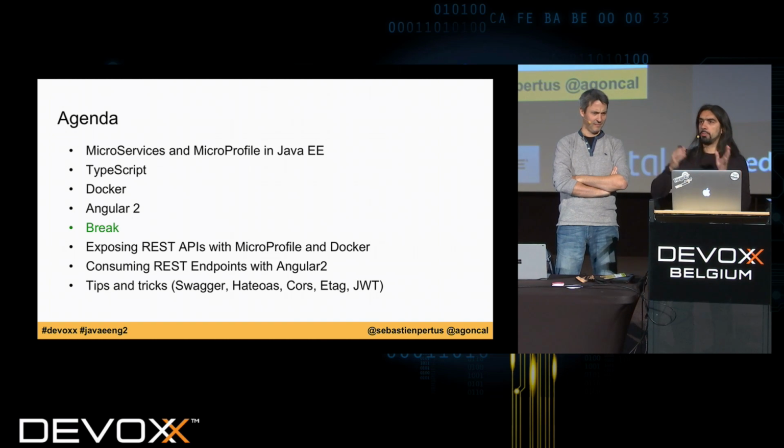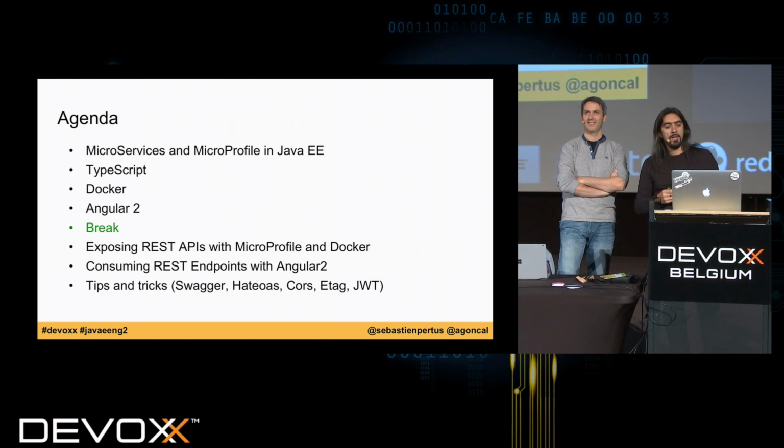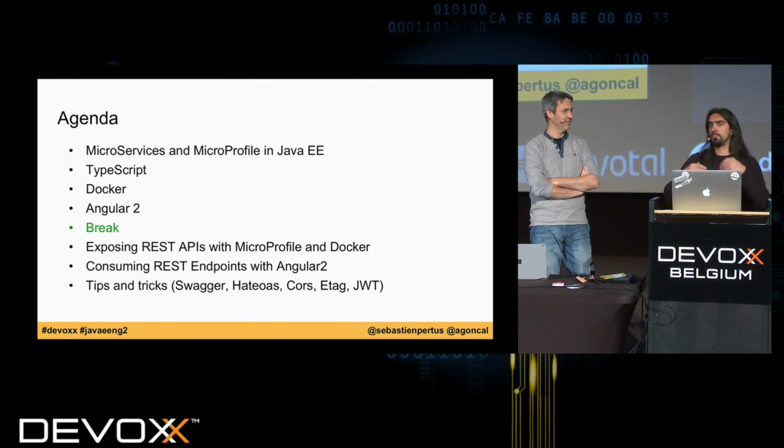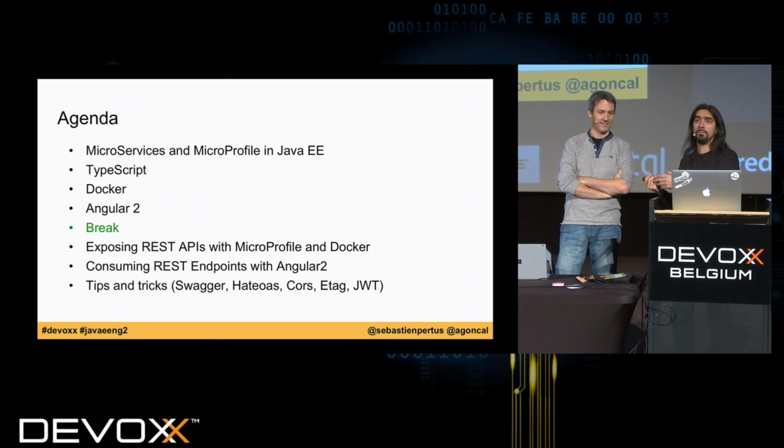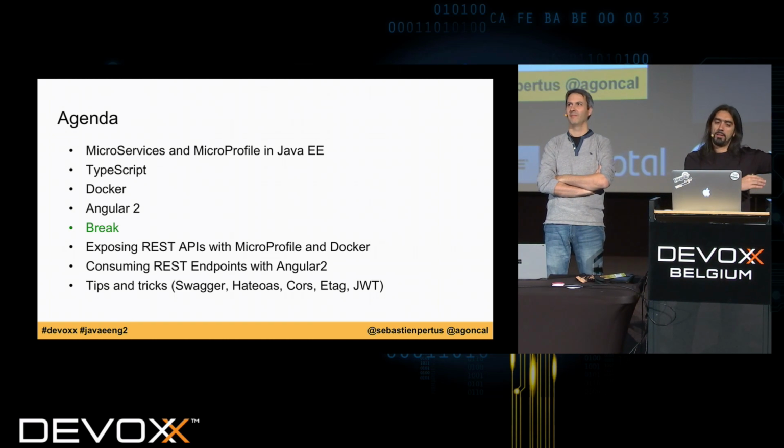It will be mostly a bit of slides with code and demos, and we will show you how to expose a Swagger contract, how to consume it, how to use HATEOAS links and CORS and ETags and JSON Web Token. So the morning will be split into these 2 parts. Set up the background first, have a little break, and then come back and build this application.